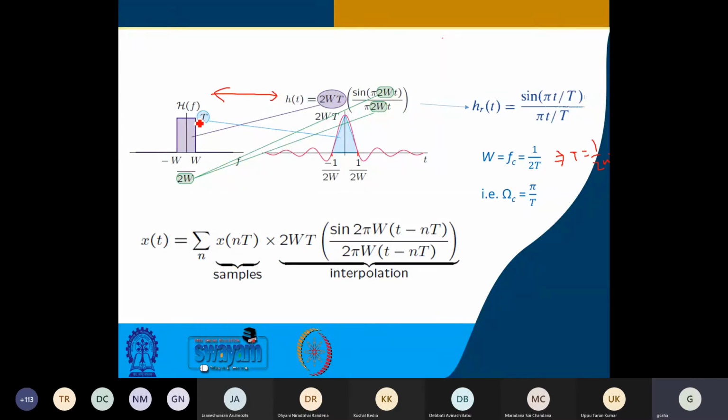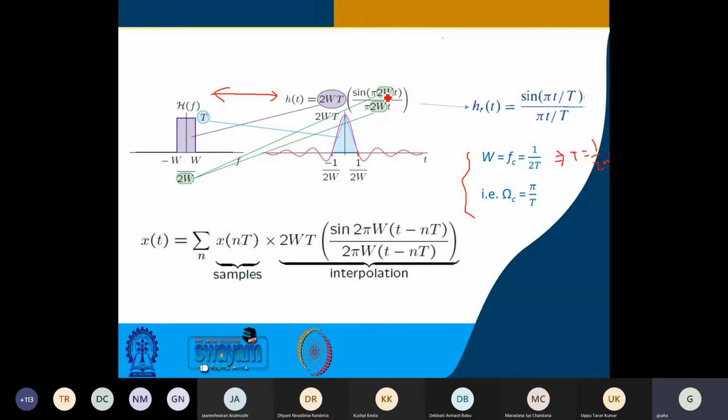This is in a general relationship, where it is minus W to plus W, 2W wide, and the height is T. Now, when we convert it to what we are discussing, the corresponding representation can be obtained by applying the notations that we are using.